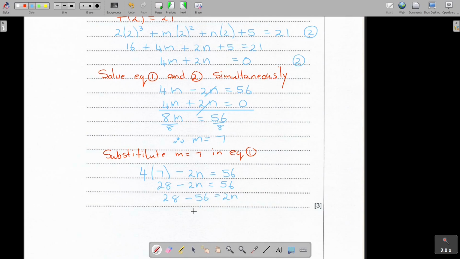And then I divide by 2, so I get negative 28 divided by 2, and I get that the value of n is negative 14. You can leave it like that, but just for the video, I say, therefore, m is equal to 7 and n is equal to negative 14.